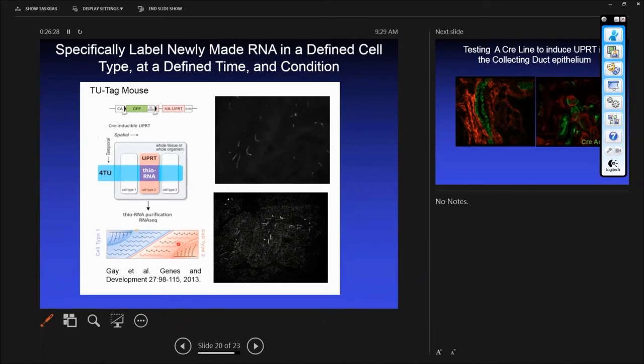So these little green dots here would be the incorporation of thiouracil into the new RNA. Importantly, we can now isolate this based on this little tag that we've incorporated from all the other RNA and all the other cells, and analyze what messenger RNAs, what genes' RNAs, are being made or activated when cilia are doing this versus doing this, as well as in the cyst or in the absence of the polycystins.